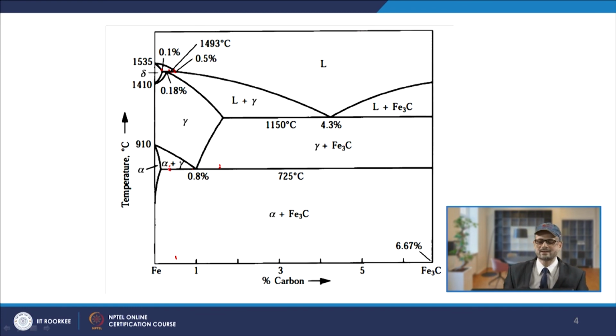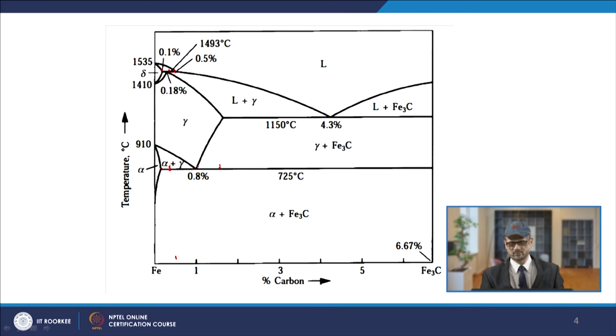Now, at this point you have to find the pro-eutectoid ferrite formation, that is, the ferrite formed before the eutectoid reaction. This line is for the eutectoid reaction. So this will correspond to this line divided by the whole line.